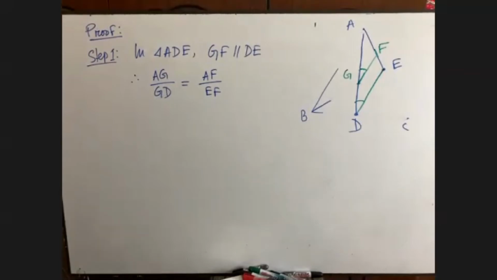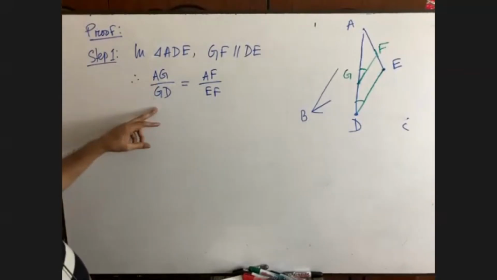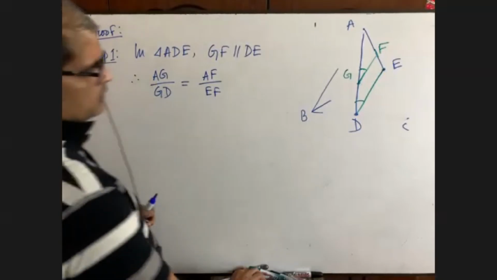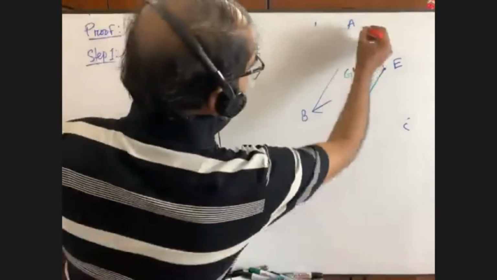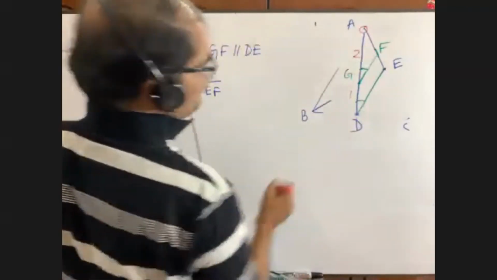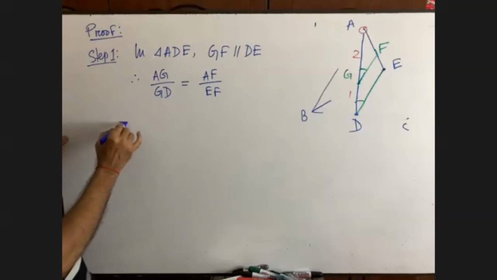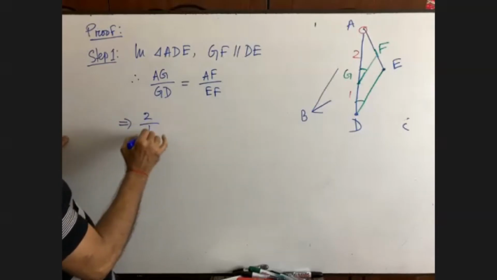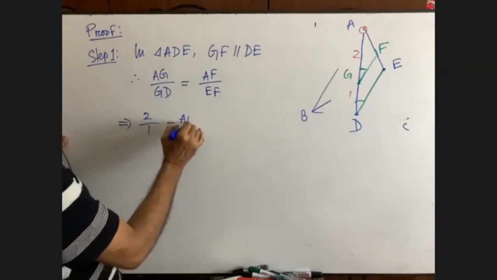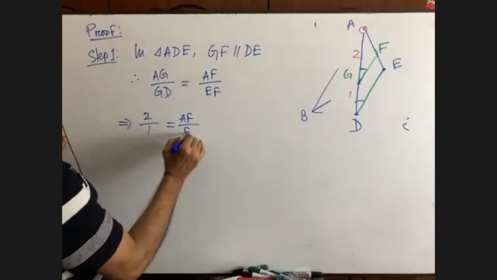So what I told you, that AZ and ZD, what is the ratio? It is from the vertex, it is 2 to 1. I told you, right? So you can write down here, 2 by 1 is equal to AF by EF.